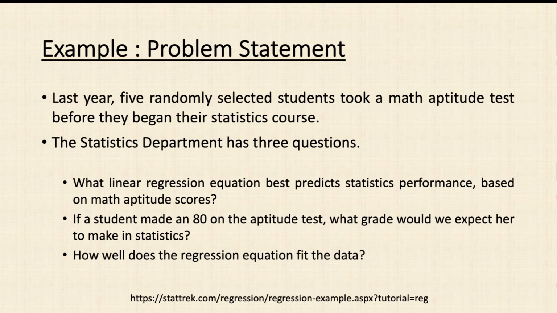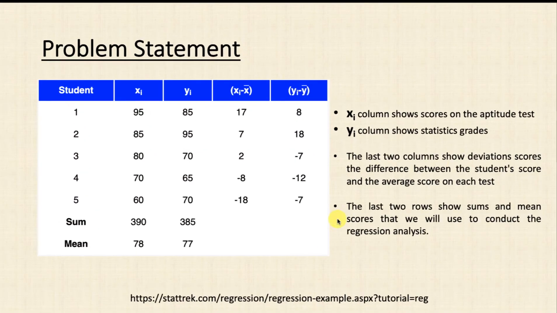So let's understand how this linear regression problem will help us to solve these questions. First of all, here there are 5 students, with xi and yi. The xi column shows the scores on the aptitude test, and yi is the statistics grades, right? The last two columns show the deviation scores, the difference between the original scores and the average score of each column.